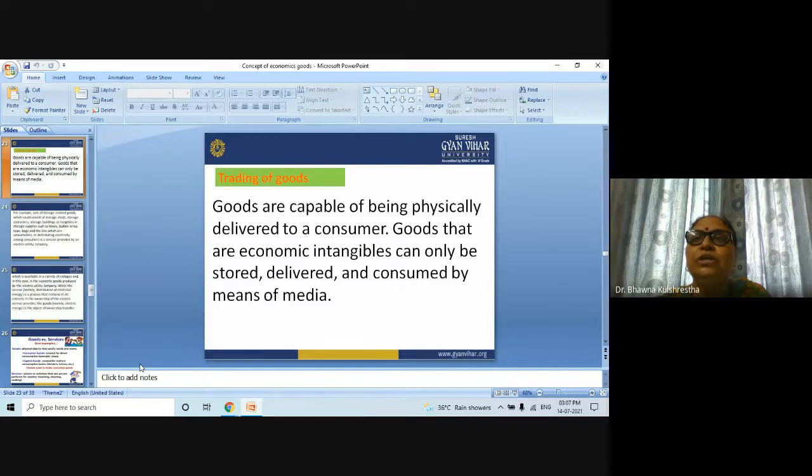Services do not normally involve transfer of ownership of the service itself, but may involve transfer of ownership of goods developed or marketed by a service provider in the course of the service. And here is an example.